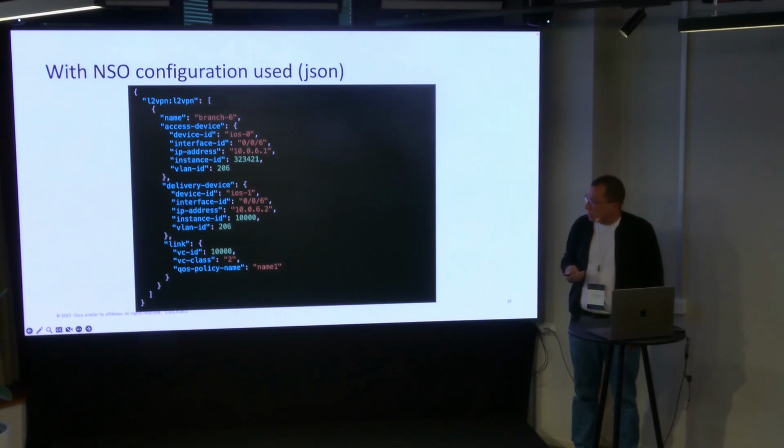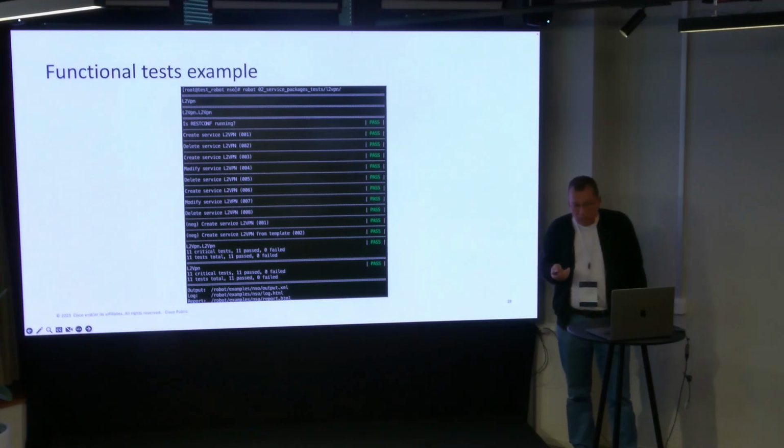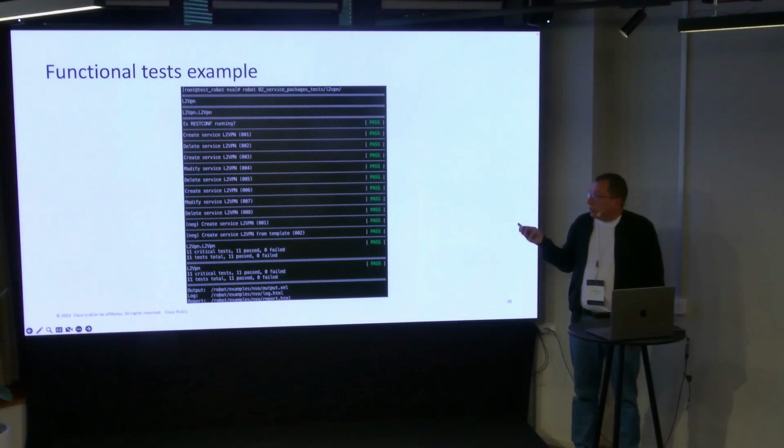This is the service definition, based on the model I showed previously, and based on this we can trigger all those tests because we can simply send the JSON payload to the NSO and check the results.